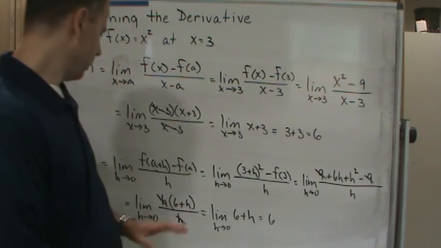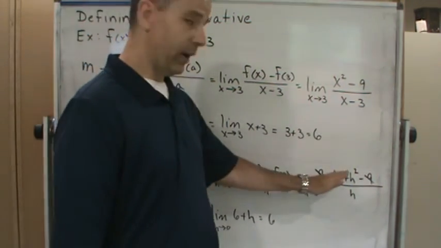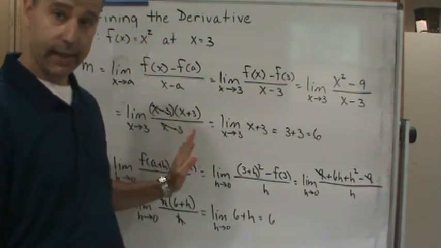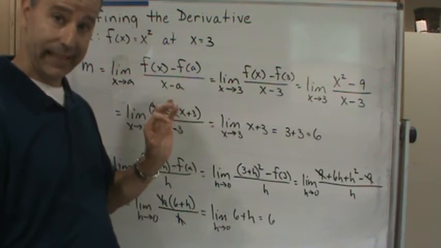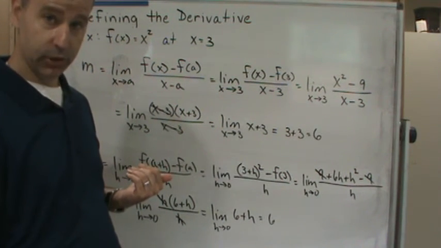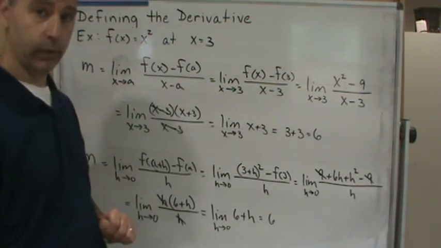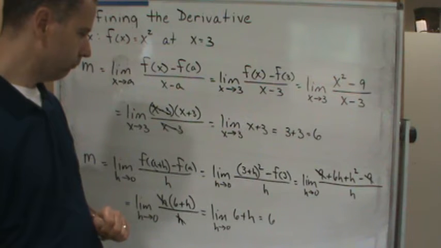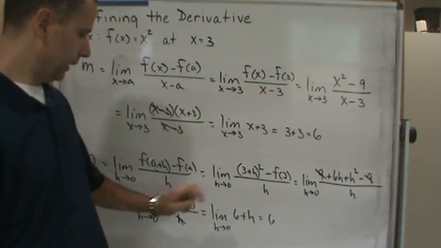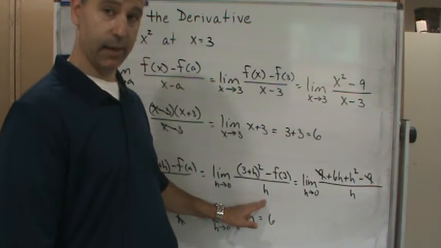Now, one thing when you're using this difference quotient, the numerator should always expand out where things cancel and you're able to factor out an h to cancel with the h in the bottom. Because h is going to 0, you should not have h in the denominator.